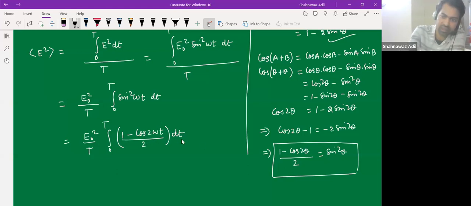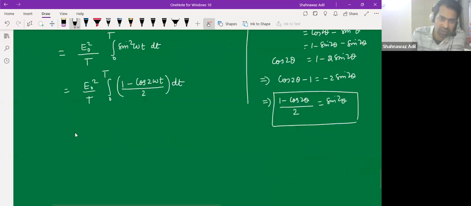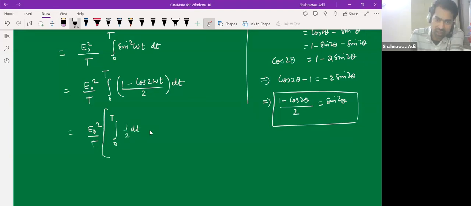So then we can simply integrate. This would be how much? E naught square by T, 0 to T, and these are two functions. So one is 1 by 2 dt, and the other one is cos 2 omega t by 2 dt from 0 to T, right?